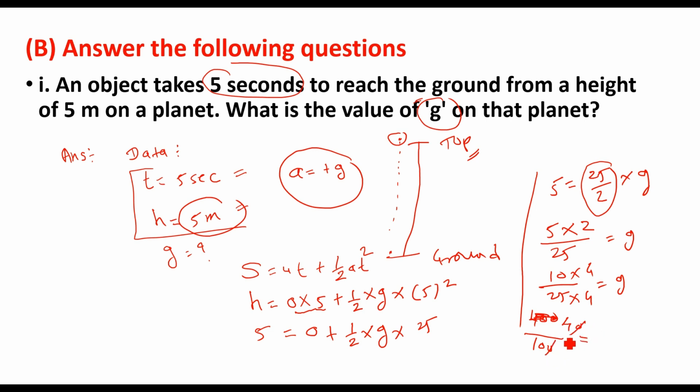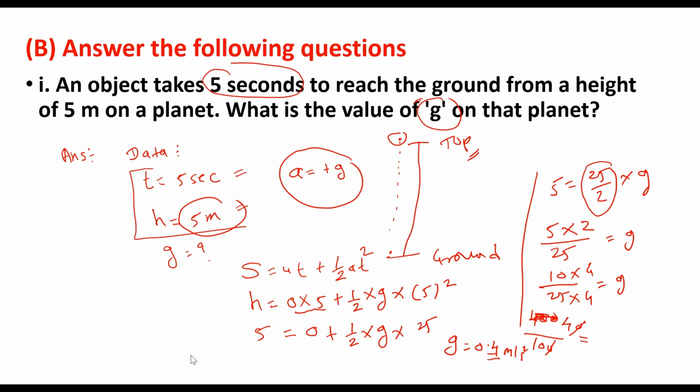So this 0 and this 0 get cancelled, and I get g is equal to 0.4 meter per second square. So the value of g on that planet is 0.4 meter per second square.